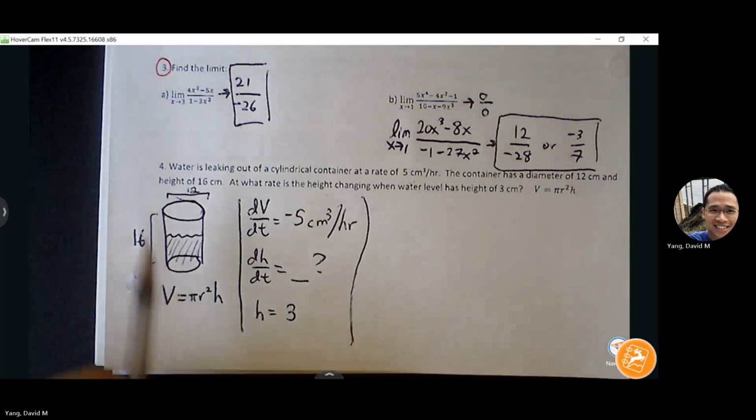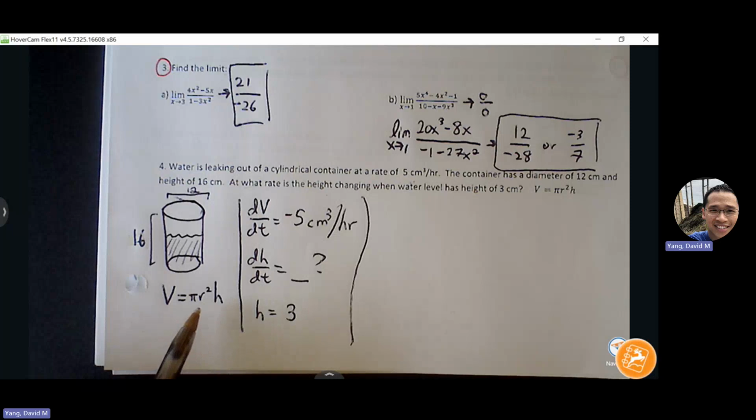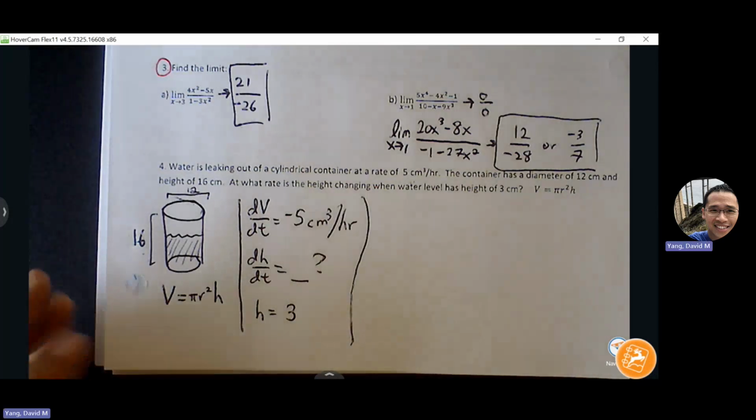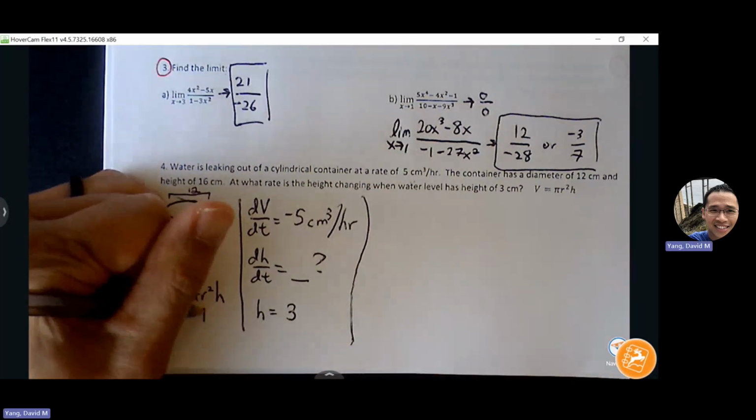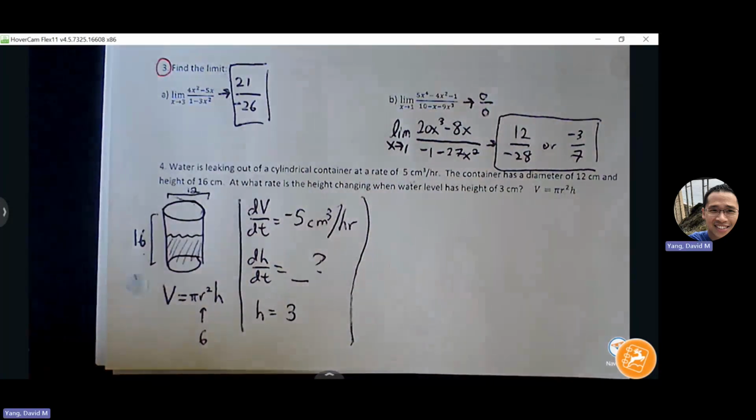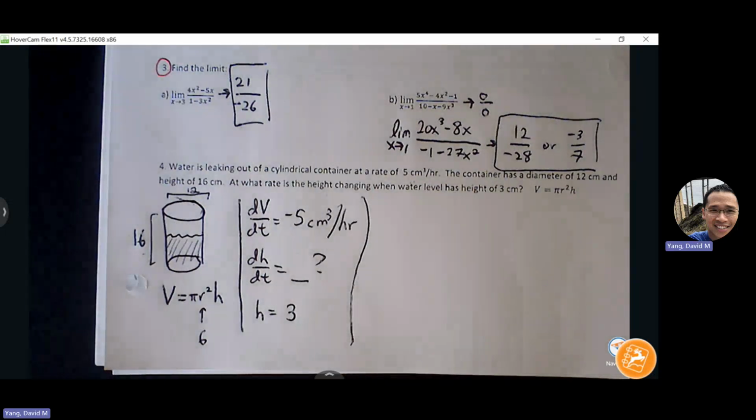So the radius would be 6 centimeters. Do we have to involve similar triangles with this? No similar triangles. So what do you know about the radius? It's not changing, so I can just replace it and build my volume equation from there.